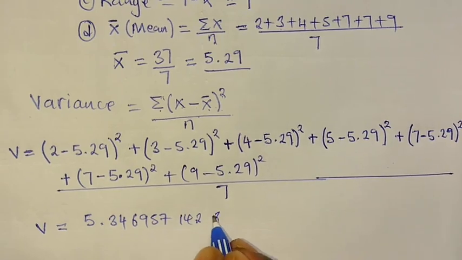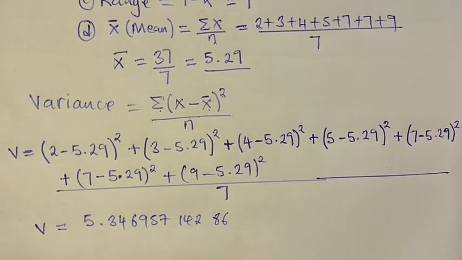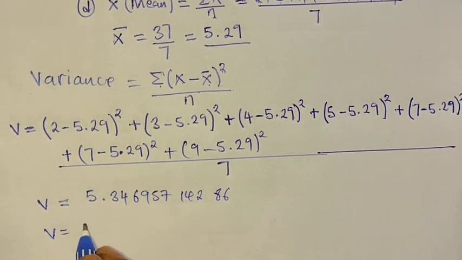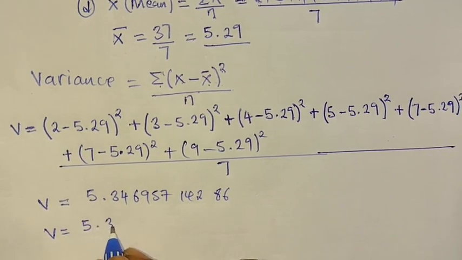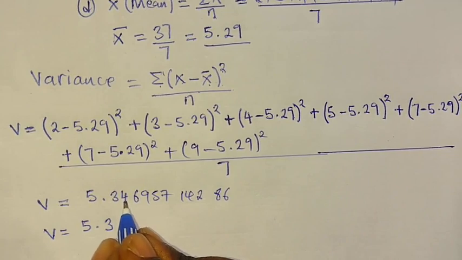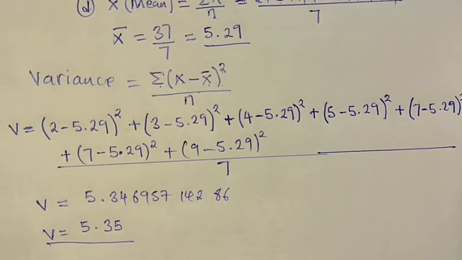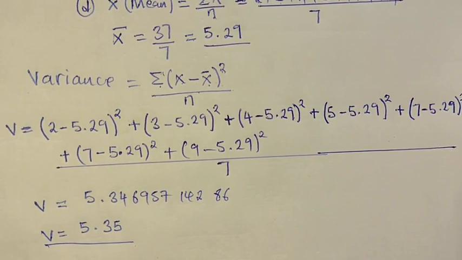We are going to write our final answer correct to 2 decimal places. So variance is equal to 5.35. The 4 is the one that will make it 2 decimal places, so it will be rounded up by the 6, so 4 will become a 5. So this is our variance.